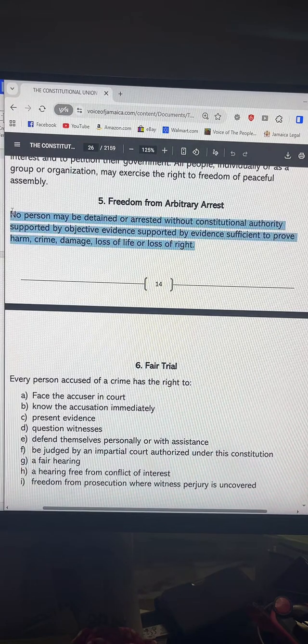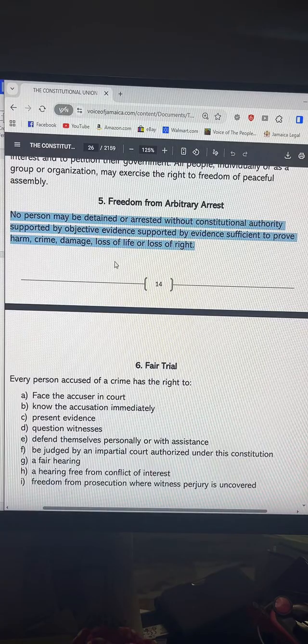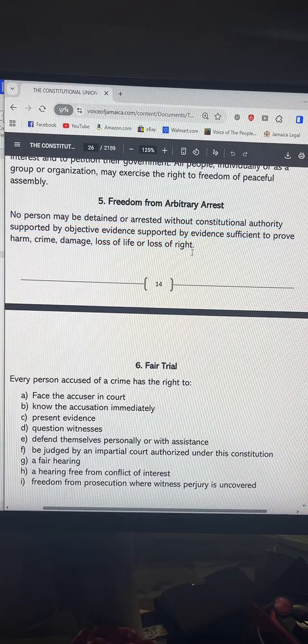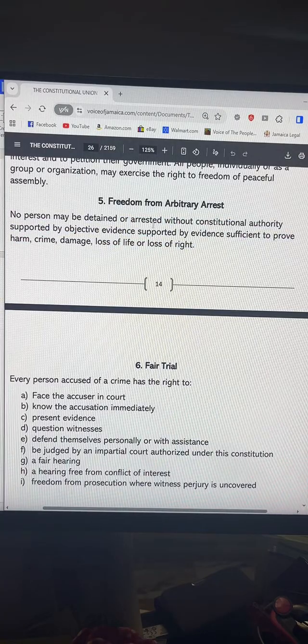Now, this is the core of constitutional authority when we talk about public servants, public officials, etc. The only time one can be arrested or detained is with supporting objective evidence. So, even though an evidence or an object might be somewhere, it has to be linked to something proving a crime, harm, damage, loss of life, or loss of right.